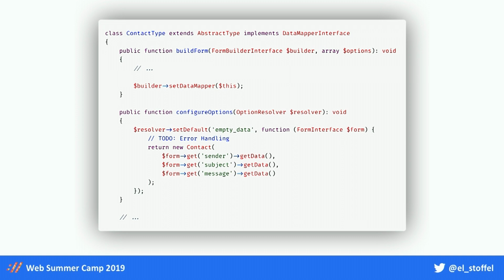And of course you need to tell the builder, the form builder up there, that you're using this class as data mapper as well. So in the markdown file there's also a link to the official documentation about that.